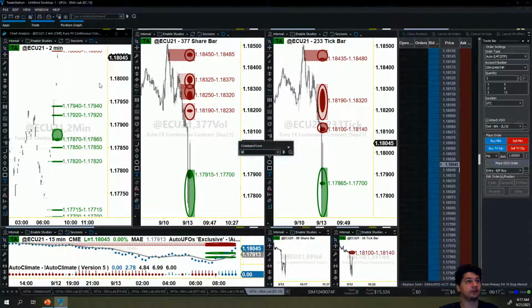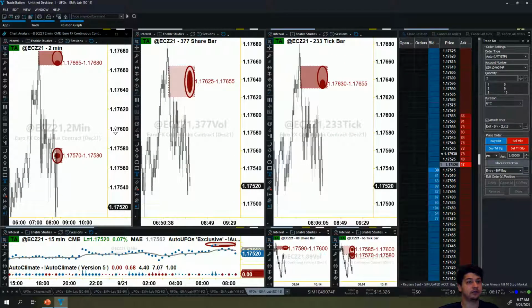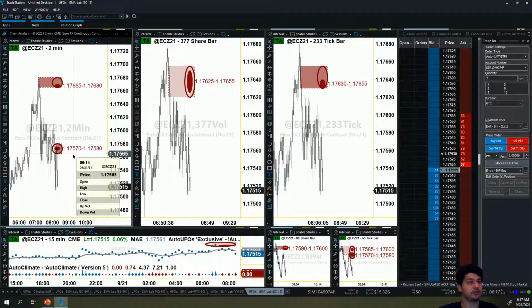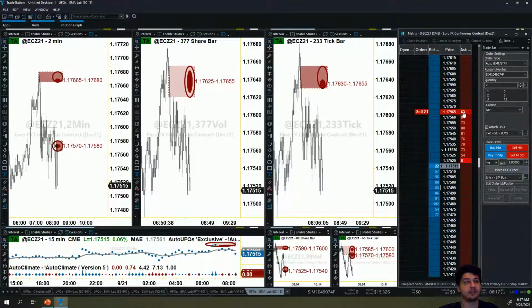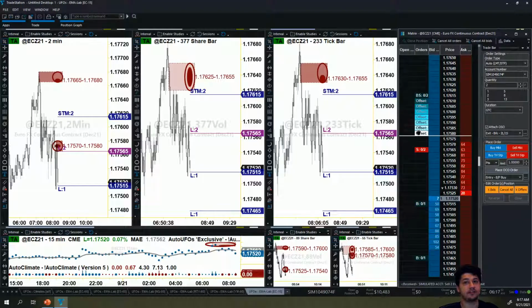All right, so at CZ21. Okay, confirmed down climate, 175.62. So this is actually right here, 65 is an entry right there, and now this is very tight.